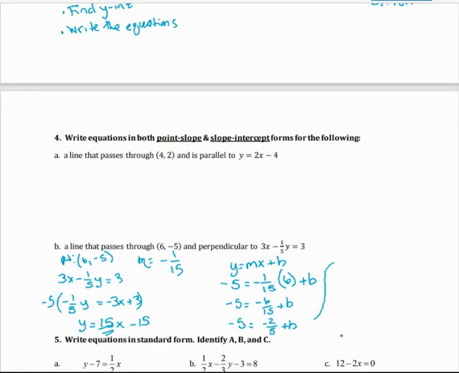So remember, this is really like negative 25/5 equals negative 2/5 plus b. So when I add 2/5, we get negative 23/5 equals b. So in slope-intercept form, we have y equals negative 1/15 x minus 23/5.